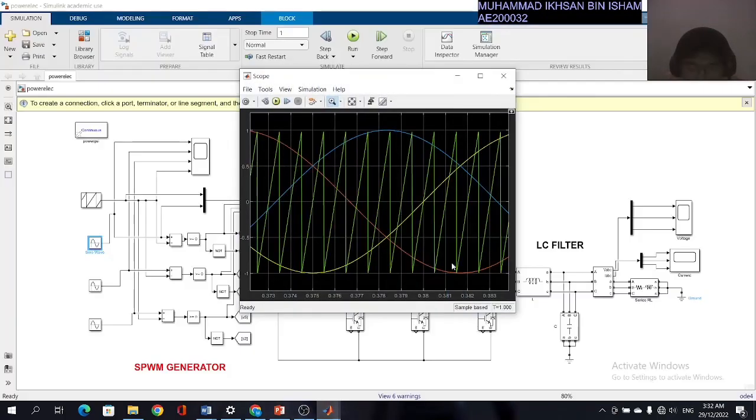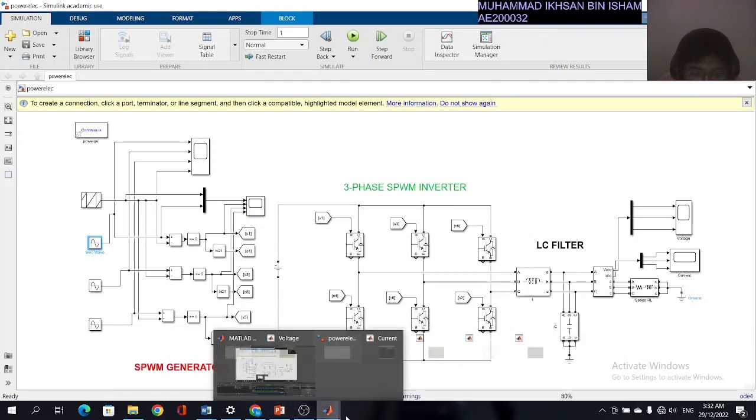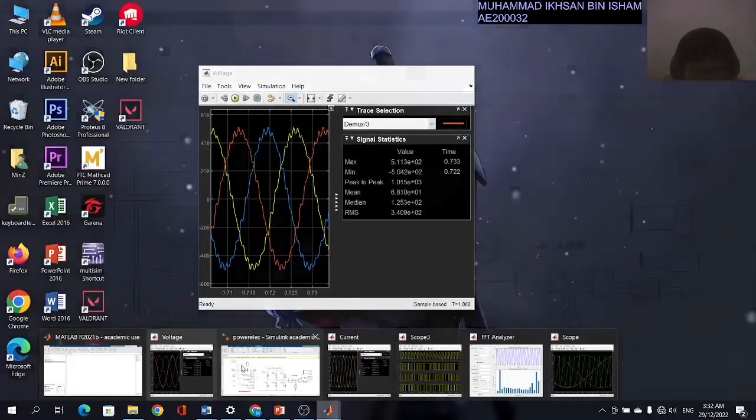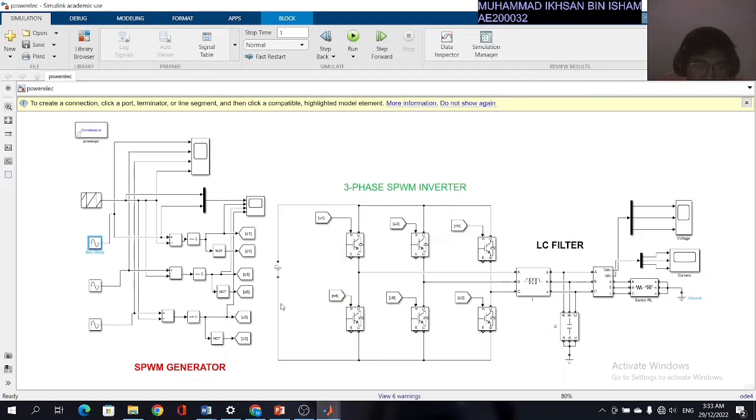This is at the scope. After that, at the scope here, we can see also the answer after we run the circuit. Here is the answer that we can get for the sine wave.